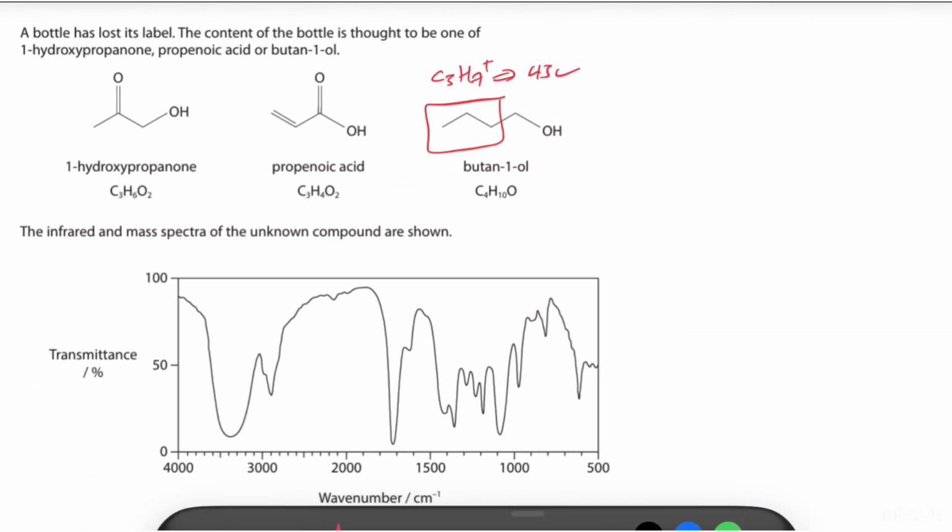If you have a fragment for this compound, you will not end up with such a fragment of 43. This is a third or fourth reason for excluding this compound. If you come to this compound and take this fragment in here, you will end up with a mass of 43, and that's why you have a probability of having a peak at 43 for both these compounds.